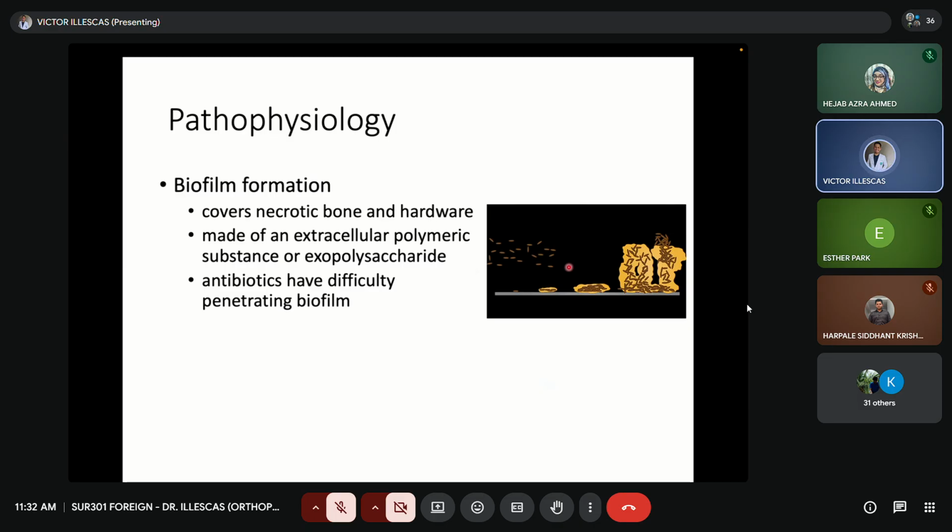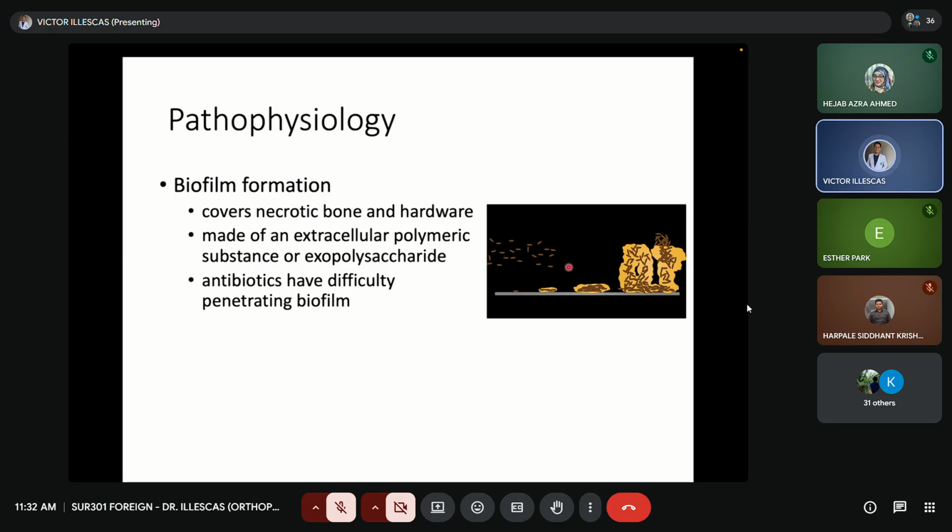Another thing is that if you had an orthopedic procedure and you inserted or applied an implant over the bone, and subsequently there is infection on the area, the bacteria will form a biofilm.